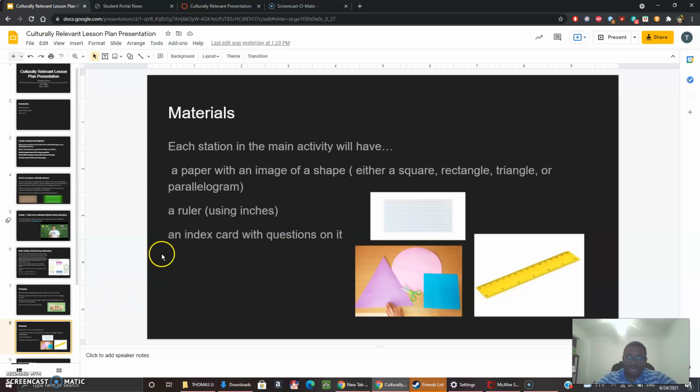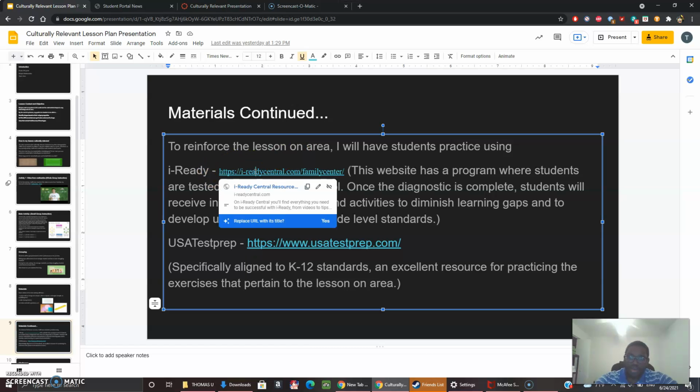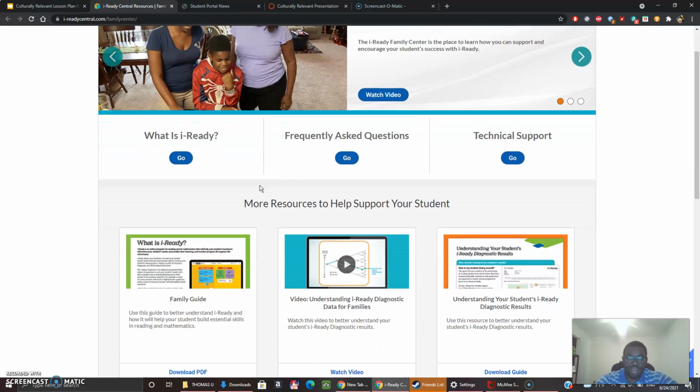Materials in my lesson will be a paper with the image of a shape, either a square, rectangle, triangle, or parallelogram, a ruler, and then those index cards with the questions on them that I explained previously. Some material that will reinforce my lesson are iReady, and I can show you what iReady is right here. If we go to this website, it'll give us a rundown of what iReady is about, or I can just explain it.